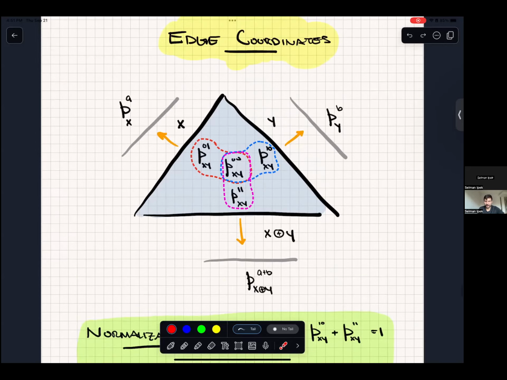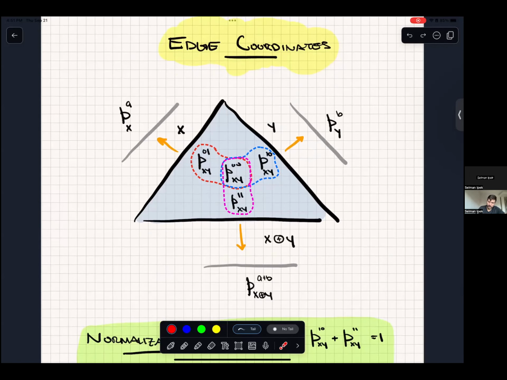So the basic idea of edge coordinates is that we're going to be able to represent any collection of four numbers that are inside this triangle just by using the distributions that are on the edges. Now you may say to me, okay, but listen, each of these distributions here are two numbers, but again, these are also normalized so that px0 plus px1 equals 1.